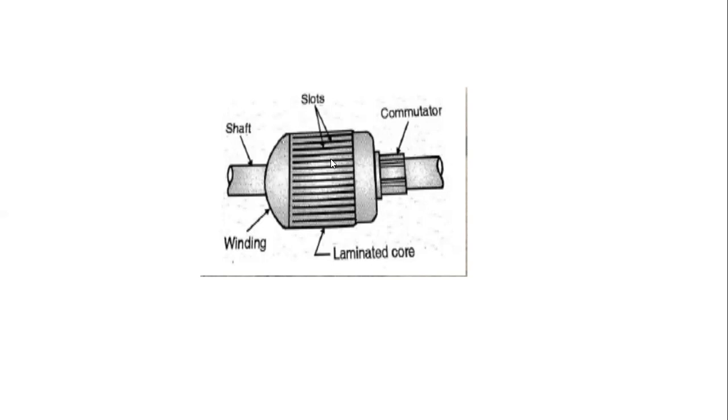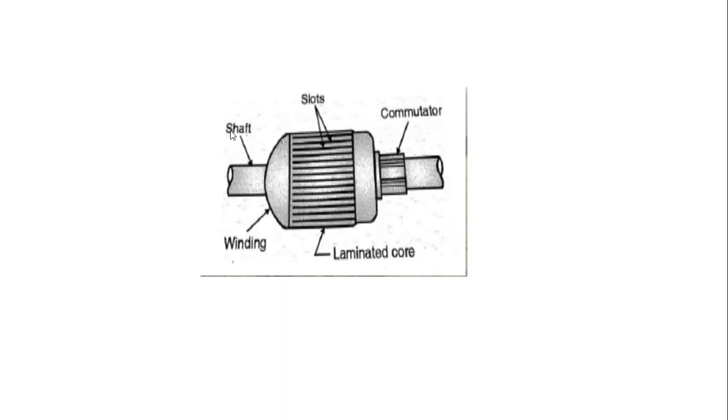In that armature we have a number of slots and the laminated core, and this is the armature winding. The armature core and the commutator are mounted on the shaft. Therefore the shaft is the rotating part of a DC machine.